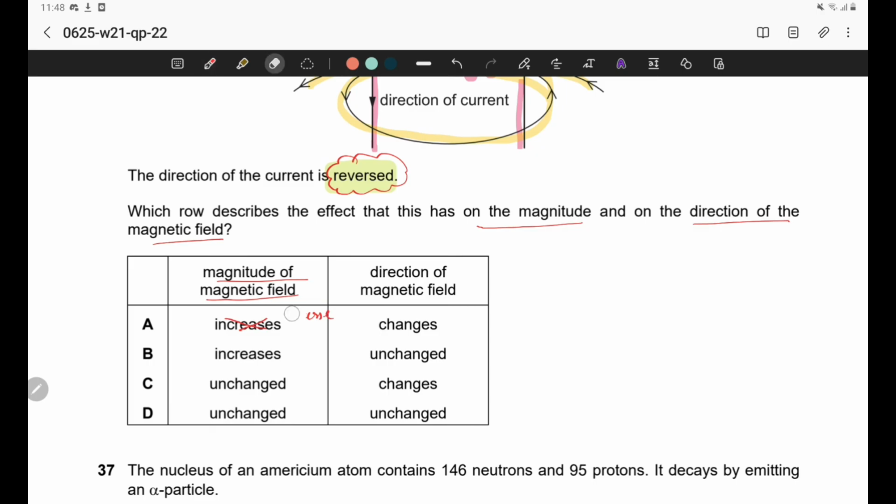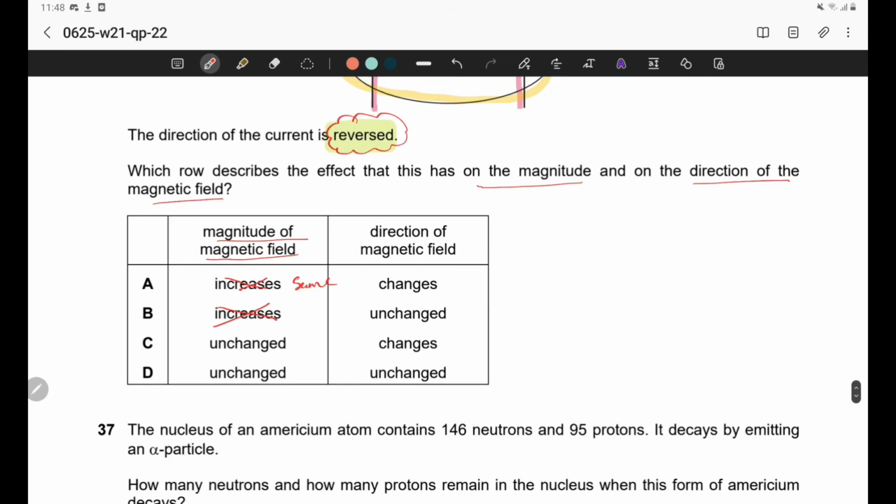The direction will be reversed, but the magnitude will be the same, or unchanged. Therefore option A and B are wrong. Option C and D say the same, that it is unchanged, which is correct. Just by reversing the current, it's only reversing the direction of the magnetic field. So the direction changes. Therefore, the correct answer is option C.